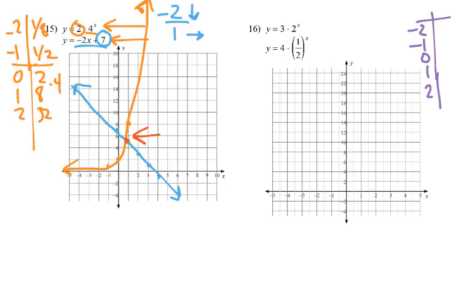Okay, these are the 5 numbers I like to do with exponentials. So we start at 4, so 0, 4. Then we're timesing by 1/2. So timesing by 1/2 is like dividing by 2, so that would be 2. So 1, 2. Then 2 divided by 2 would be 1. So 2 goes up to 1. Notice we're counting by 2's on the y. And then it would be 1/2.